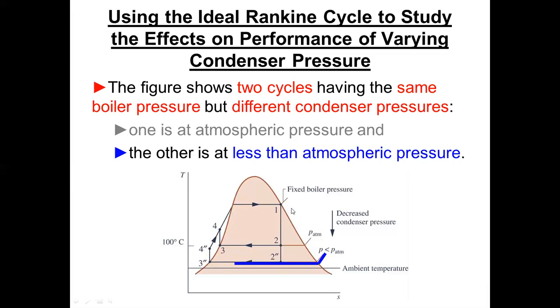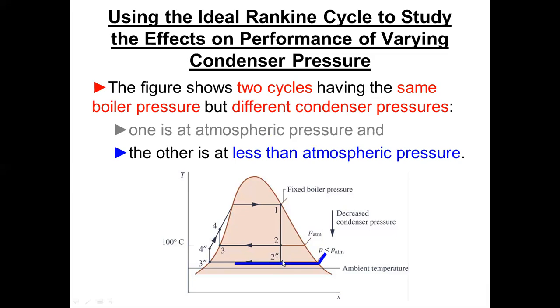But if we drop pressure and come straight down, the quality has gone down and we have more liquid. So just by itself, dropping condenser pressure would help efficiency and would hurt the turbine by probably incurring more damage.